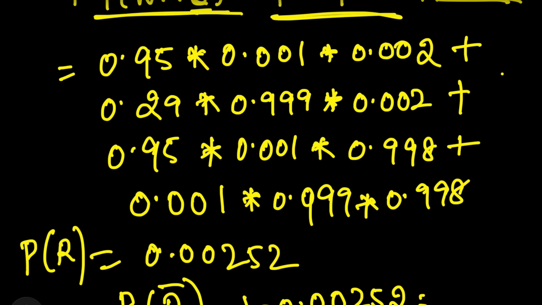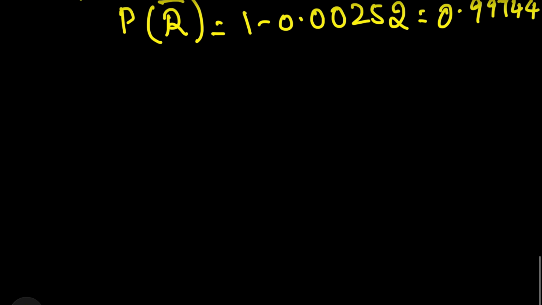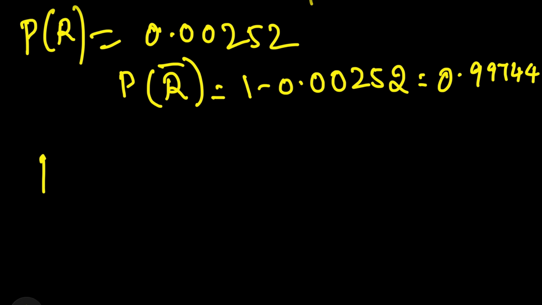So this is how you have to find the P of R and P of negation of R values. So now after finding these values, we have to substitute them over there.